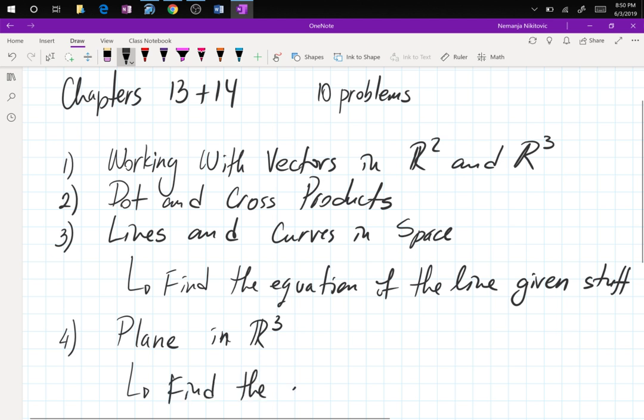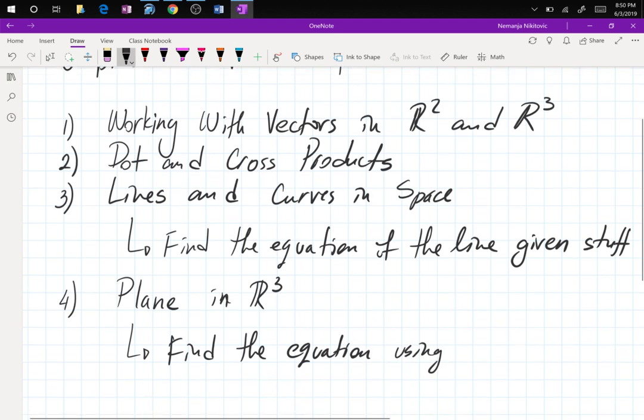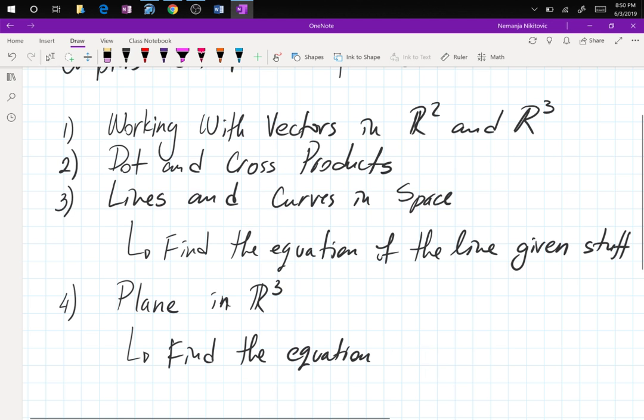Find the equation given, there we go, 3 points. You know that you are supposed to use those 3 points to come up with the 2 vectors, and you cross those for the normal vector. Normal vector is your ABC for the plane.